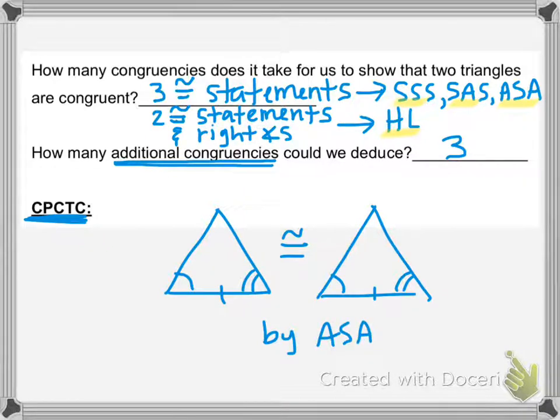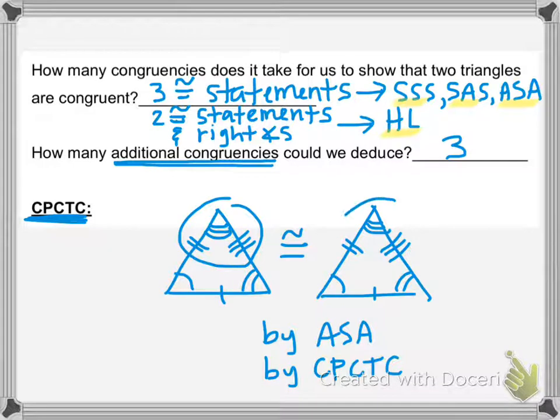Then I could do another step on my proof, and by CPCTC, which we'll talk about what that represents in just a minute, I can now say, for example, that these two sides are also congruent, or these two sides also have to be congruent, or these two angles have to also be congruent. So I have the potential to say that these other three pairs of corresponding parts are also congruent because I've already said that the triangles are congruent by ASA.